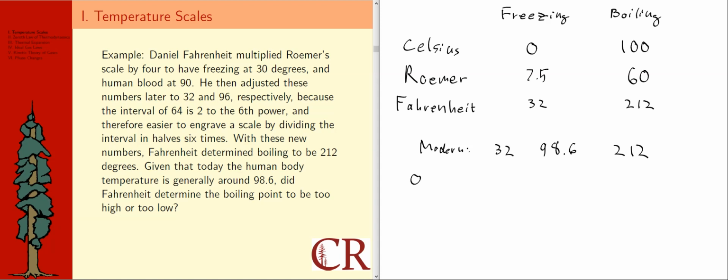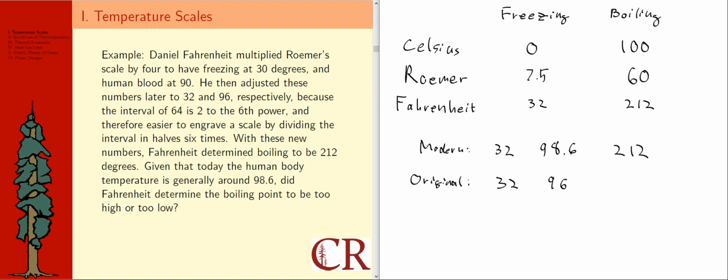And then maybe I'll write here original. So in other words, what numbers did Fahrenheit originally intend? Well, he intended for these first two numbers, 32 was definitely intentional and stayed that way. But he intended 96 for human body temperature.